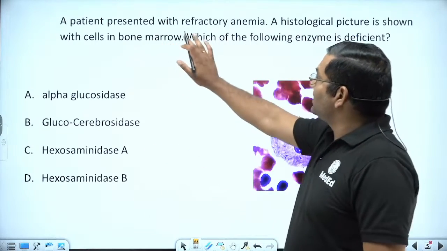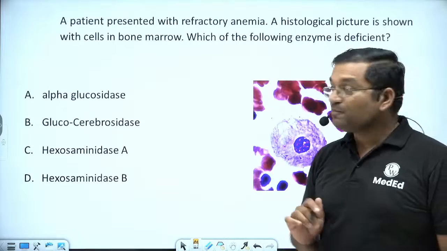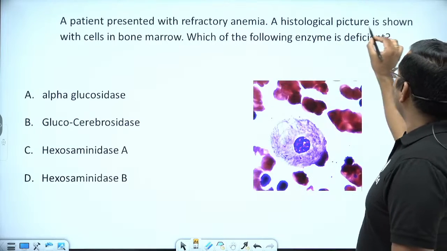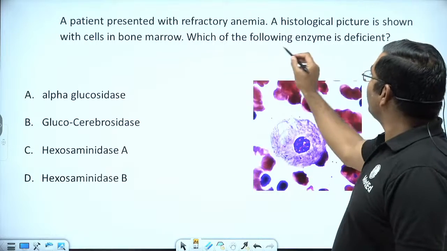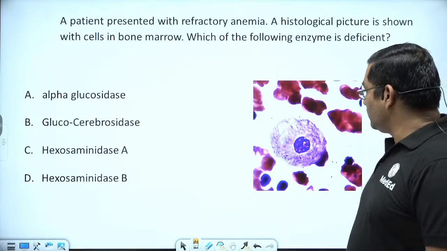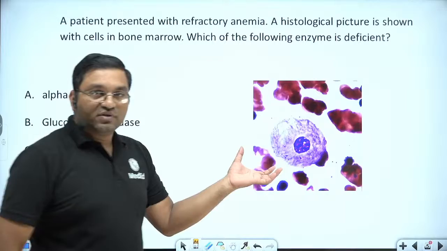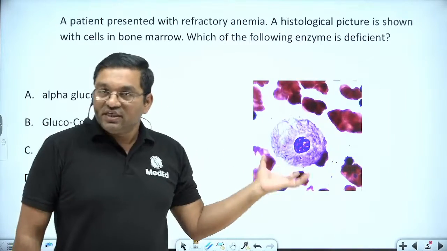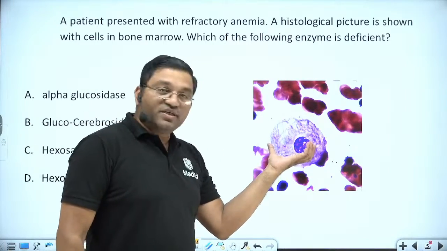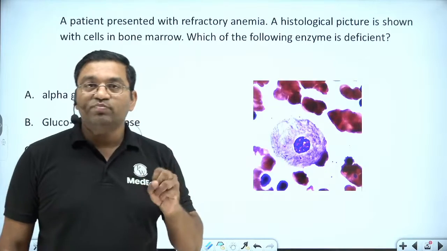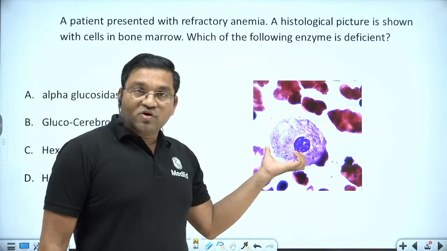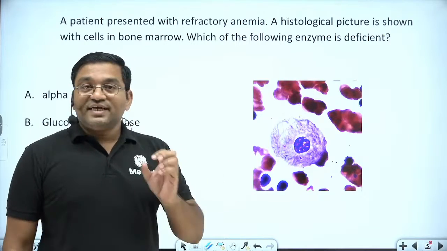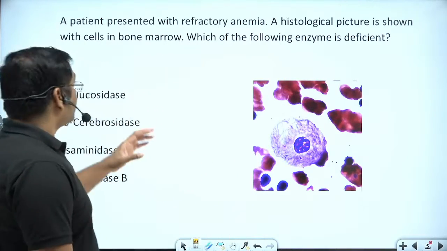Now see the question. A patient presented with refractory anemia. A histological picture is shown with cells in bone marrow. Which of the following enzymes is deficient? See this image. There are 3-4 such images, or it can be a single image. This image typically shows crumpled tissue paper appearance and wrinkled paper appearance of the lysosomes that indicates Gaucher's disease.